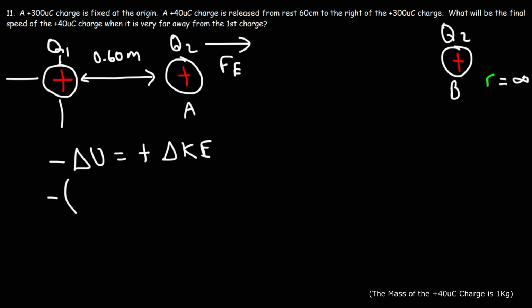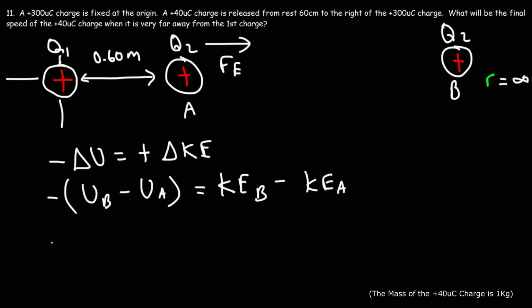So the change in potential energy is going to be the final potential energy at B, which we'll call PEB, or just UB, minus the initial potential energy at A. And that's going to equal the final kinetic energy at B minus the initial kinetic energy at A. Now, what is the potential energy at B?